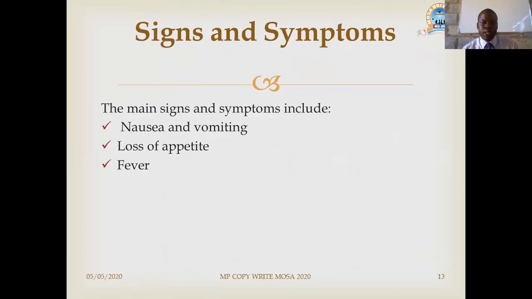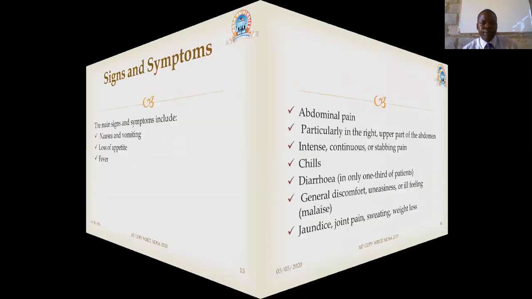Let us look at signs and symptoms. The main signs and symptoms include nausea and vomiting. When someone has liver abscess, they will present with nausea and vomiting due to GIT involvement. Then loss of appetite due to GIT involvement as well. There is fever due to presence of infection.